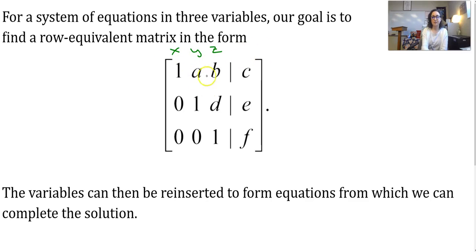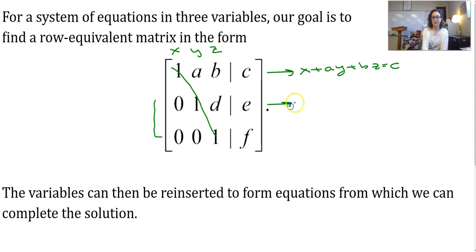So I've got my x column, my y column, my z column, and then my constants, okay? So my goal is to get zeros kind of in the lower triangular here, ones in the major diagonal, and then everything else would just be constants, okay? Because then this top row will represent 1x plus a, which is going to be some number, y, plus bz equals c.